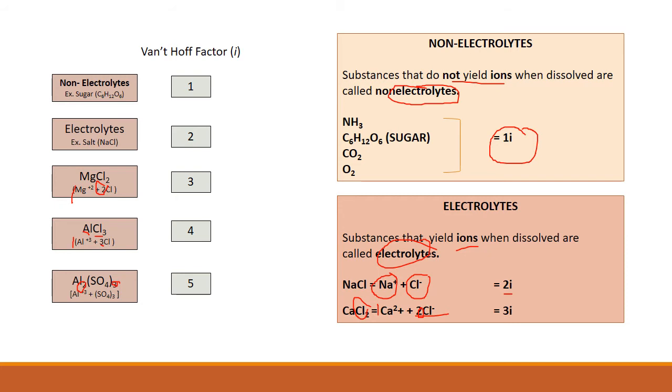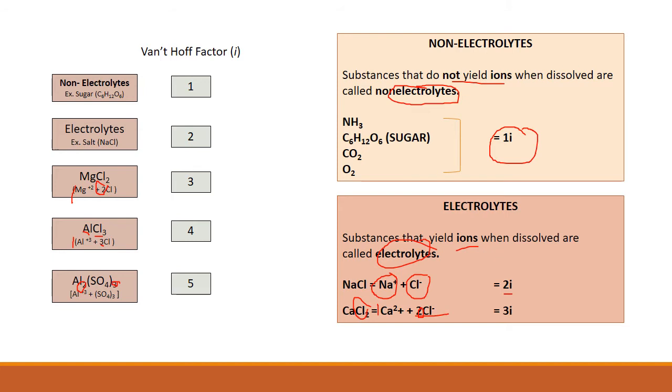That is the constant value for non-electrolytes. Non-electrolytes or weak electrolytes should dissociate less in water, which is why we have this value of 1. For example, sugar, with the chemical formula C6H12O6, has 1.